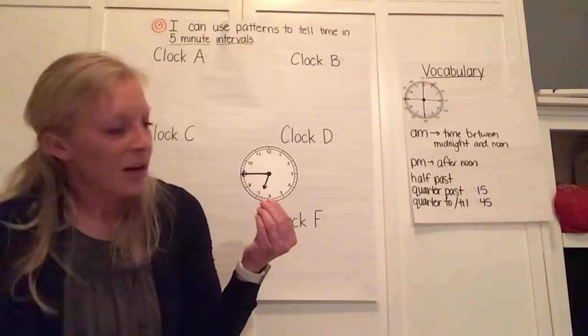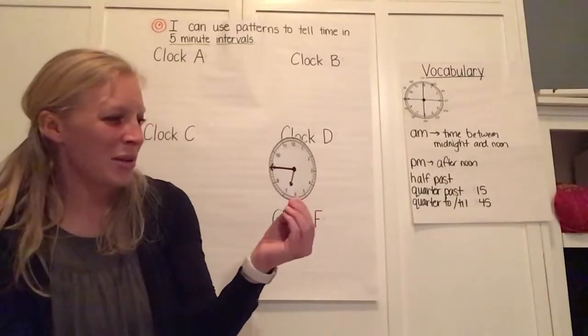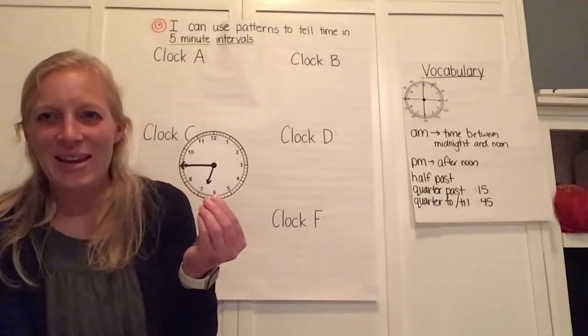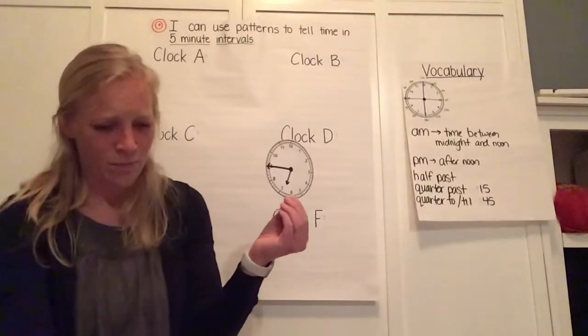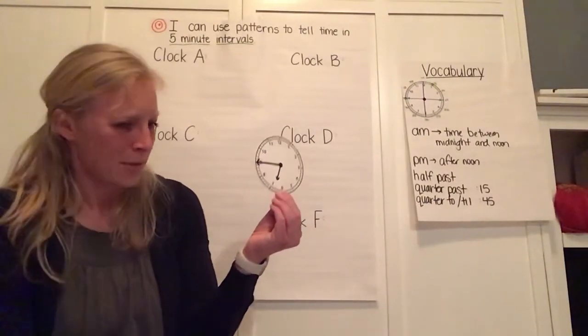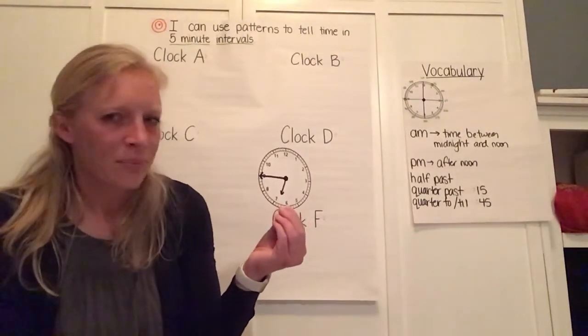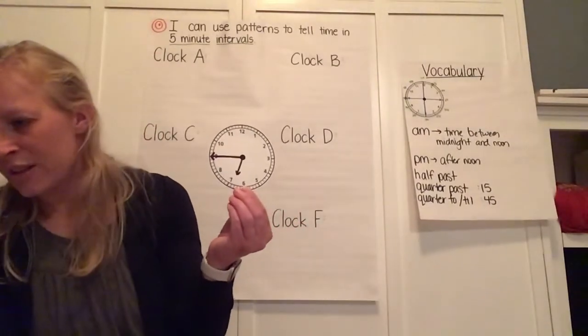Okay, the hour hand is before the 7. What else do you notice about it? The minute hand is on the 9. What time does that show? What time will that show? Write it on your boards and hold it up for me. What is our hour going to be for this clock?